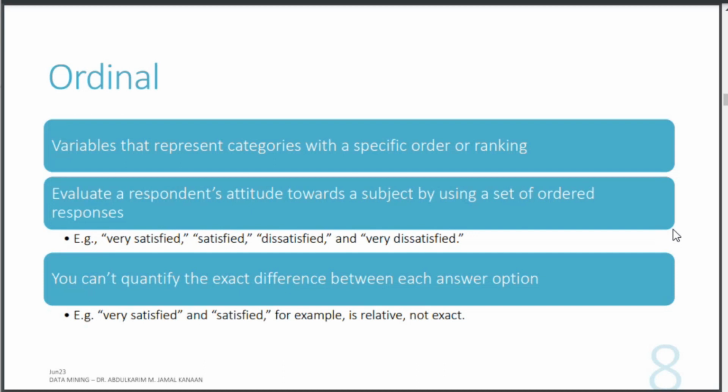So for example, you cannot say there's an exact amount of difference between very satisfied and satisfied, or between dissatisfied and very dissatisfied, not necessarily. Again, these are just text categories, okay? We cannot say exactly how much the difference is between each one of these. Is it like we have 3 units of difference between satisfied and dissatisfied, and another 3 units? We cannot say like this.